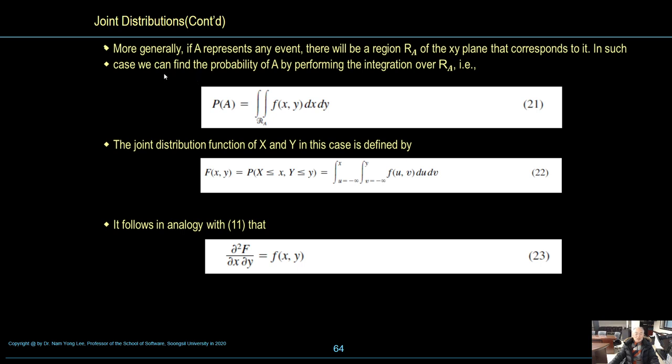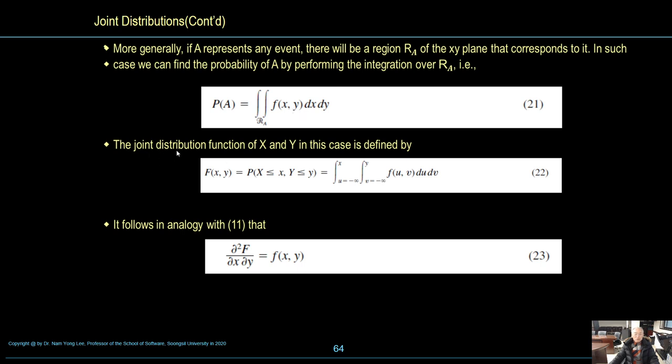In such a case we can find the probability of A by performing the integration over RA. That is, P(A) is equal to the double integral over the region RA of f(x, y) dx dy.